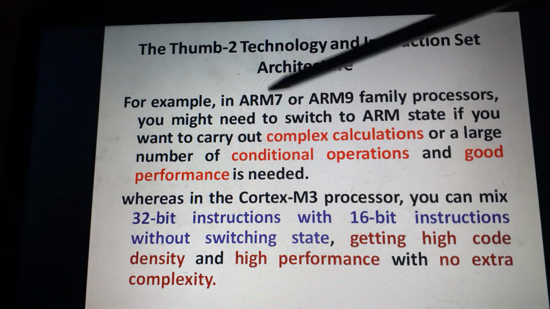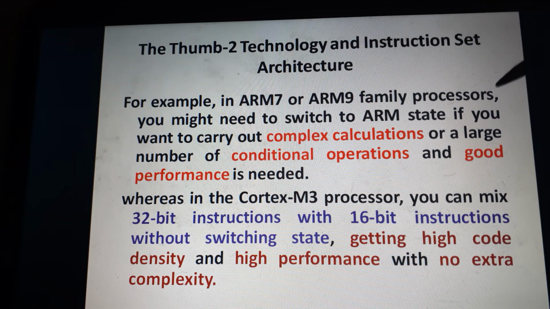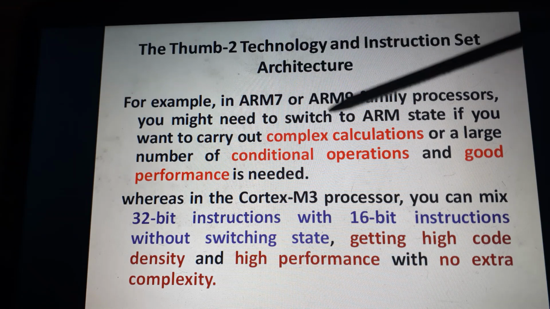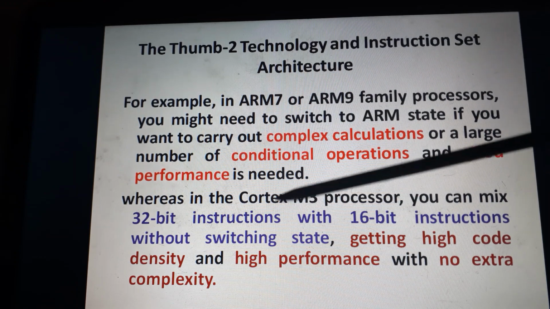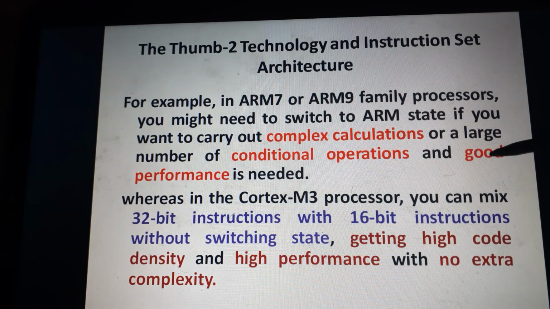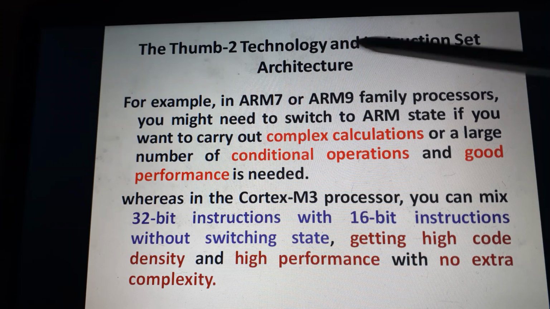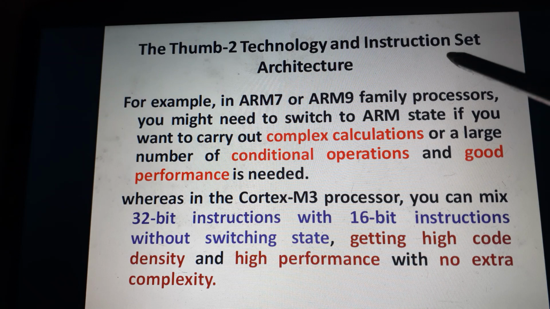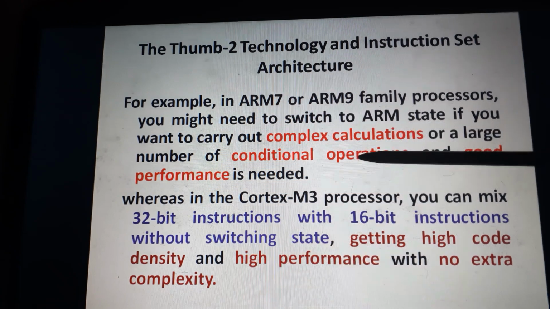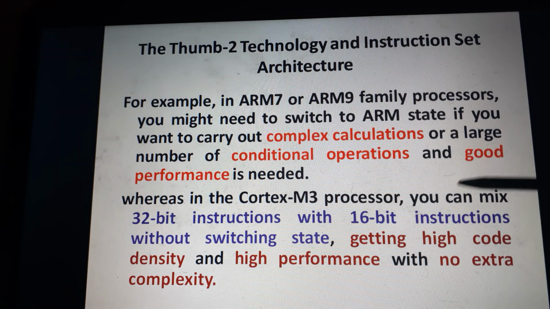For example, in ARM7 and ARM9 family processors, you might need to switch to ARM state if you want to carry out complex calculations or a large number of conditional operations and good performance is needed. Because in ARM7 and ARM9 cases, there were no suitable Thumb instructions to handle complex calculations and conditional operations in a good manner.